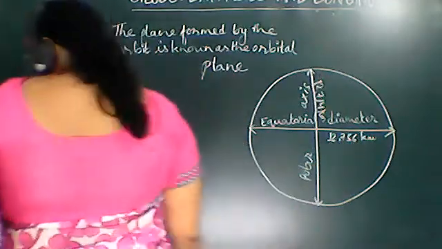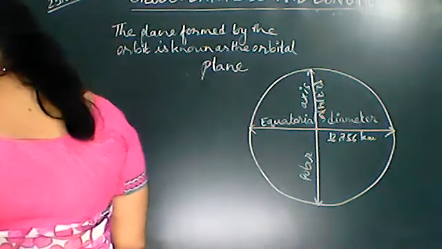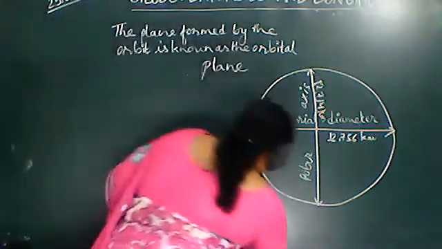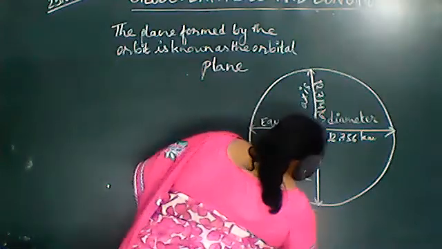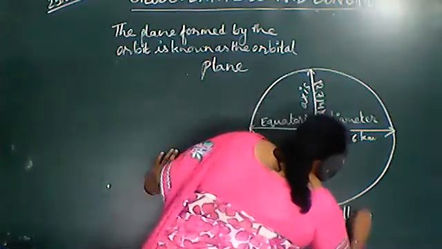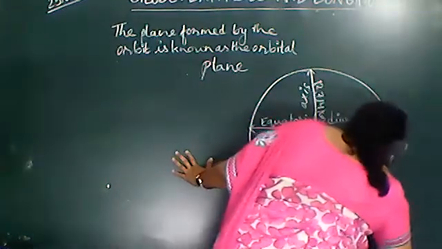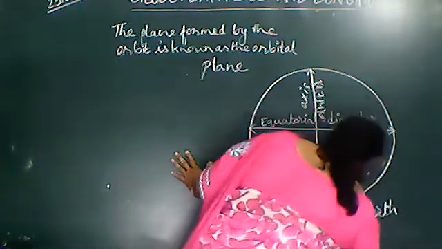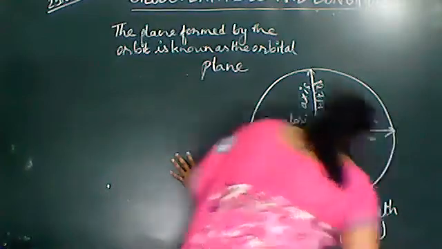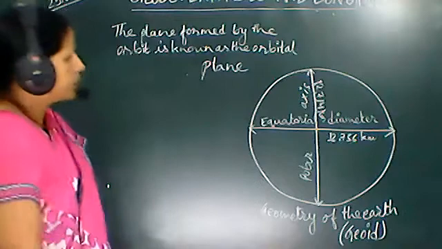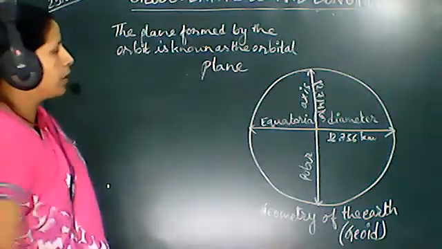As far as the diagram which I have drawn, you can tell this as the geometry of the earth. This is the exact meaning of the word geoid. So this is the geoid.